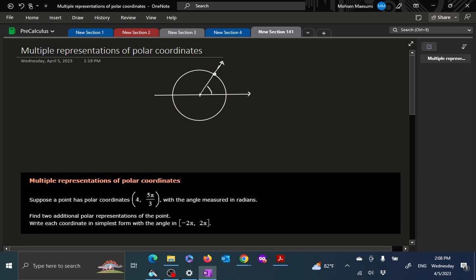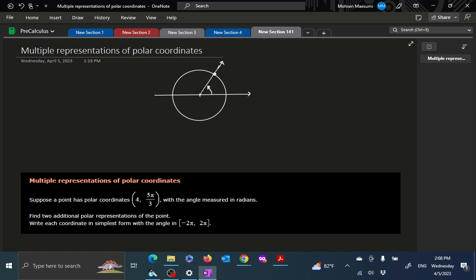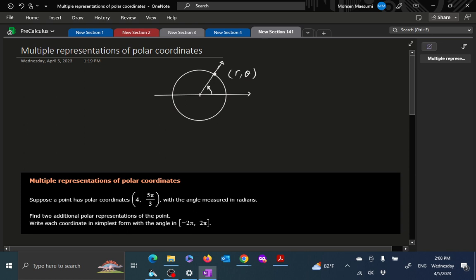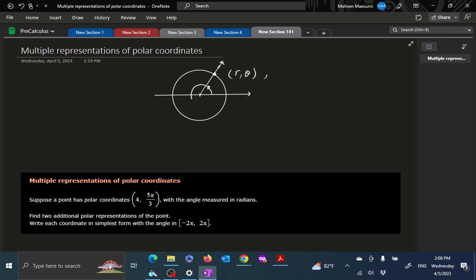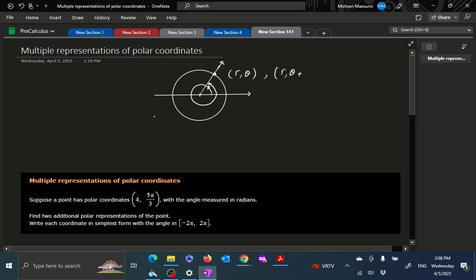So if I have traveled through this angle, perhaps this point has the representation r and theta. Is there another representation? Well, yes, I could continue and come back to the same point on the circle, but now I have gone through a much bigger angle, which is r and theta plus 2 pi.